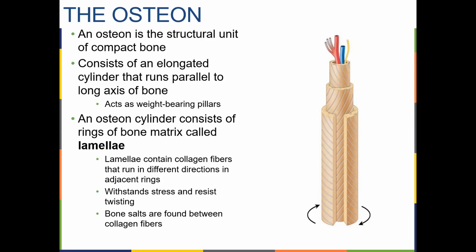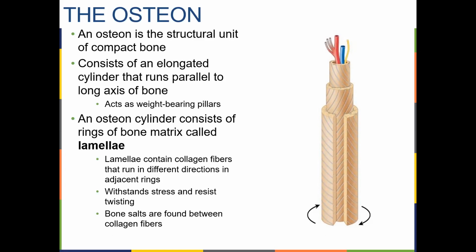Because as we lay down the matrix for a new ring, we also wrap the matrix with collagen fibers. Now, collagen is the most abundant protein in the body. It's stronger than steel. You've heard me say that many times. Every lamellae is wrapped in collagen, but they run in opposite directions.